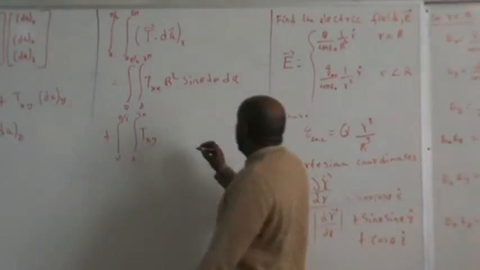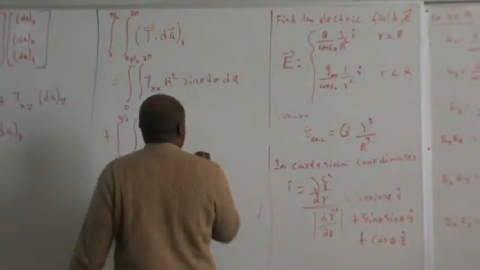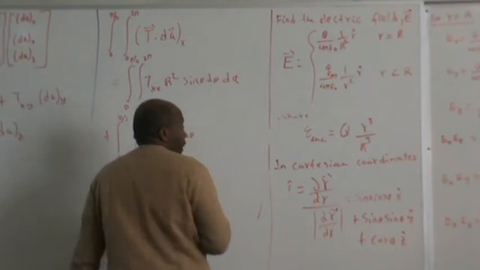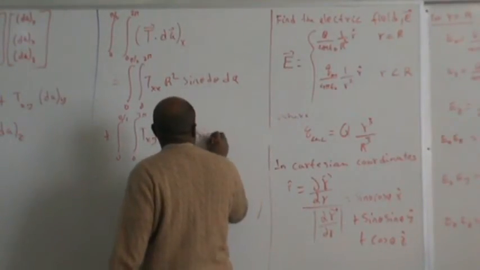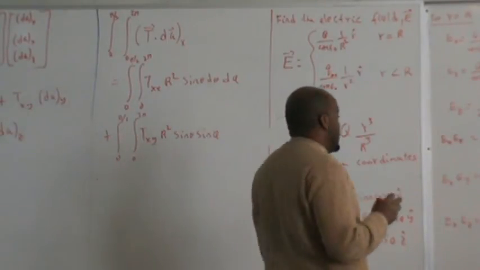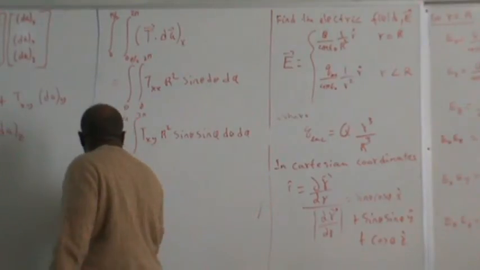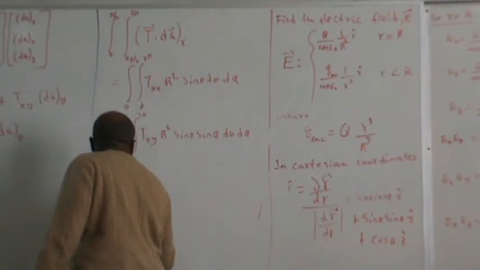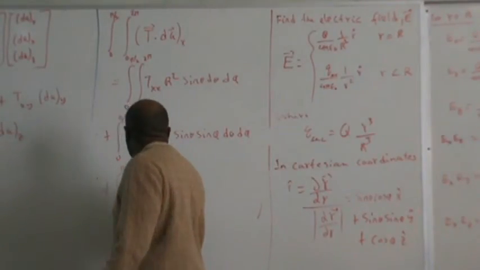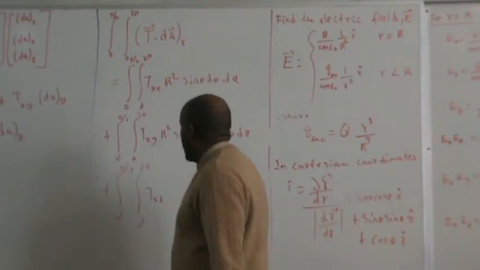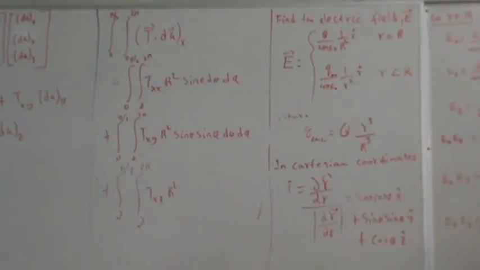So I have r squared sine of theta sine of phi d theta d phi, plus the integral from 0 to pi over 2, from 0 to 2 pi of Txz times r squared, and the z component is this one.